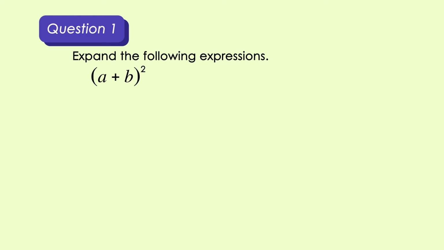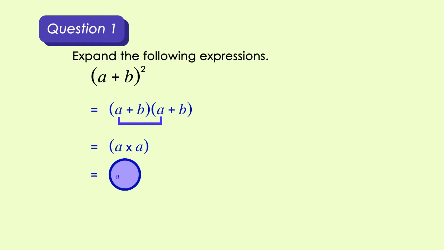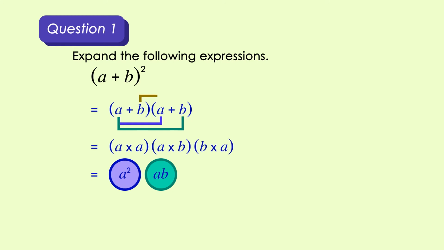Our first question was in bracket a plus b squared. We are going to expand it like this. A multiplied by a is a squared. A multiplied by b is ab. B multiplied by a is ba, which is the same as ab.